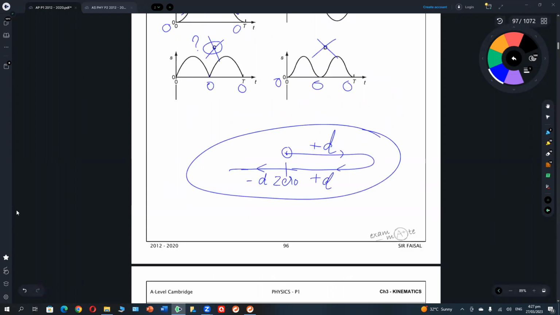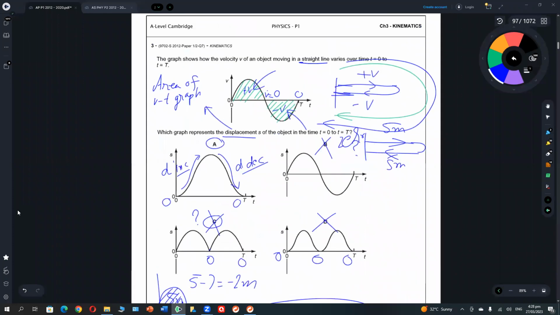I show you that, for example, this is the graph, this is the going journey, and this is the return journey. Now carefully see, is it right that the return journey has a bigger area? Yes. Now, if I say this is 5 meter, this is 7 meter, then it will be 5 minus 7, minus 2 meter. That is the logic, that the object has gone beyond the starting point.